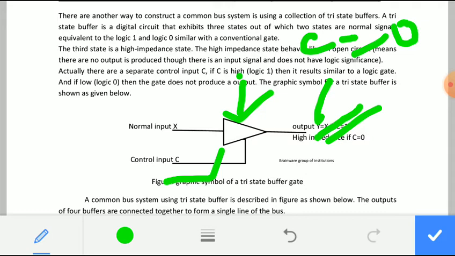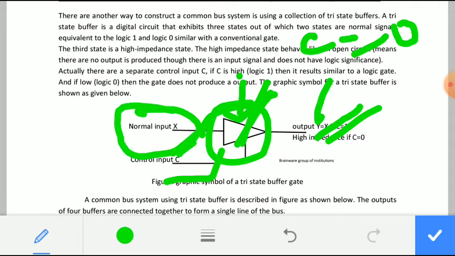But in that case, if this tri-state buffer is giving the output 0, is the device inactive, or does it actually produce 0? That means 0 is the data. So ambiguity will be created: whether the value of x is 0 or the device is inactive.